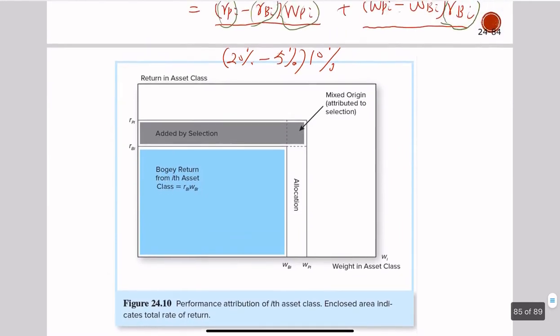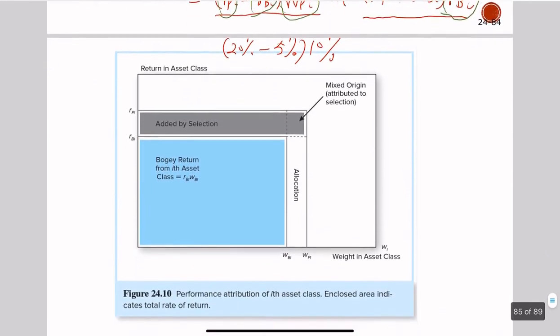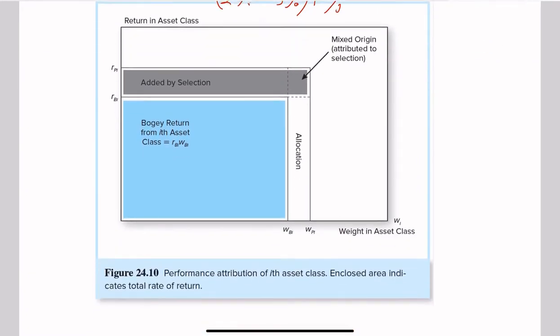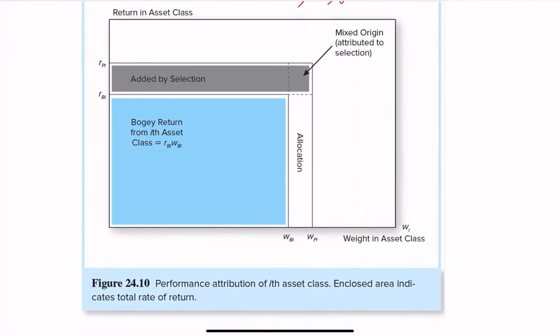Okay, and so basically we can actually draw a very nice picture about this performance attribution. So here you can see that the Bogey portfolio's return in the ith asset is RBI times WBI, right? And then based on this Bogey portfolio's return, we can expand to the right or expand upward. When we're expanding to the right, we're talking about asset allocation.